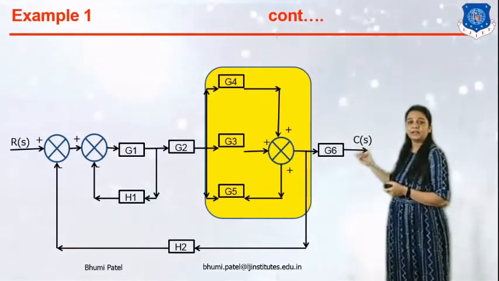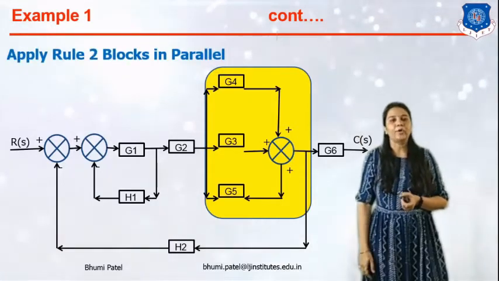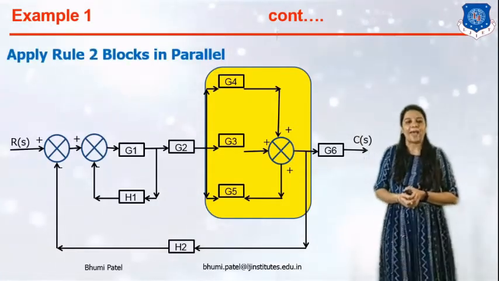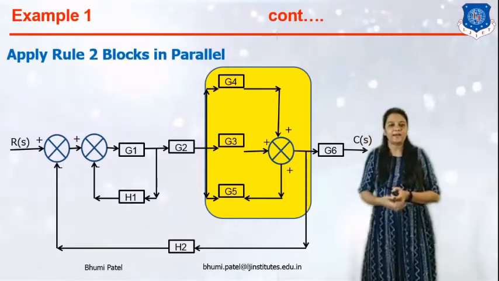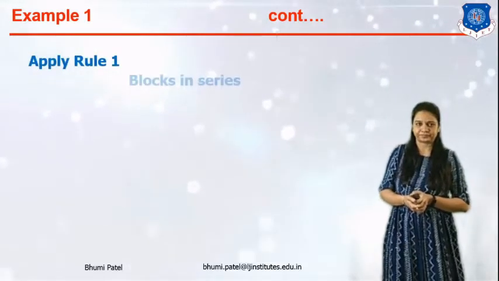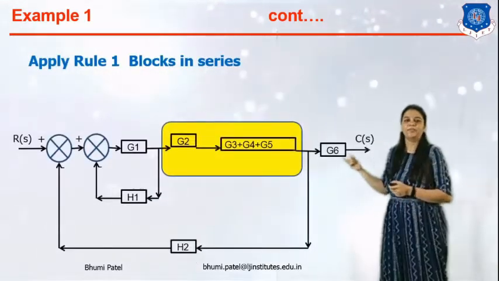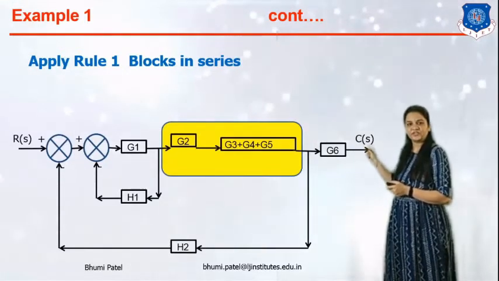Here you can see that the yellow color indicates we can apply rule number 2, block in parallel connection. Here the sign is positive. So we can add these blocks and we can get this type of block diagram reduction. Okay, G3 plus G4 plus G5.